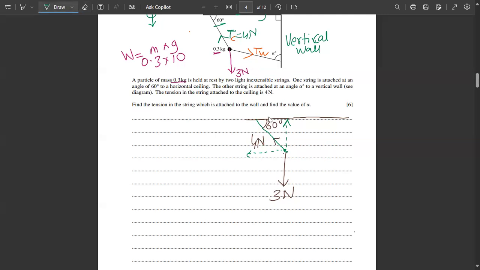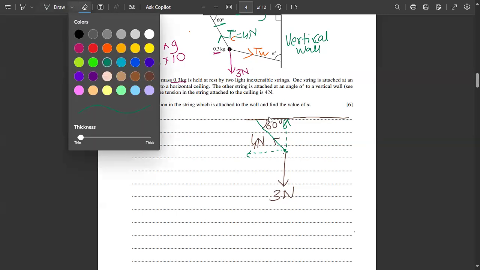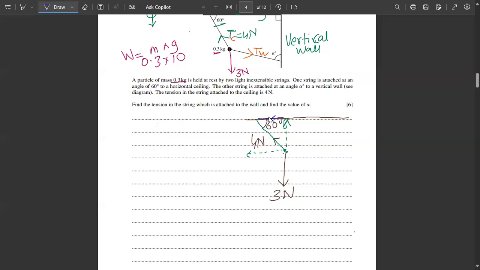And this is a triangle. It is technically nothing but a right angle triangle here. This is 4 Newton and this is 60 degrees. So I can use sine and cos to find my components. So this side, let me draw it with a dark blue pen, this will be cos 60.